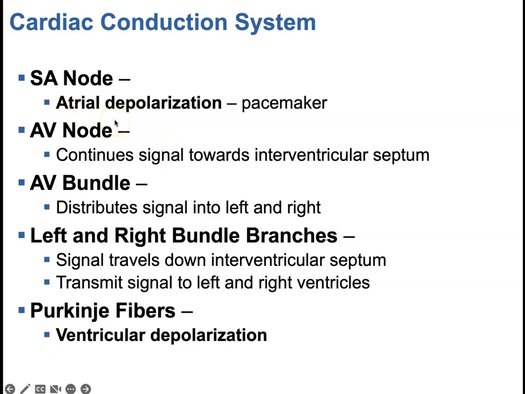This SA node depolarizes more frequently than any other part of the heart muscle. That is why it's called the pacemaker. Then the Purkinje fibers are what are going to depolarize the actual ventricles. But we need that signal to come from the SA node all through its AV node, AV bundle, left and right bundle branches, and hit those Purkinje fibers in order for those ventricles to depolarize.